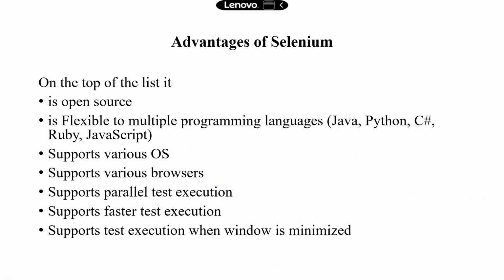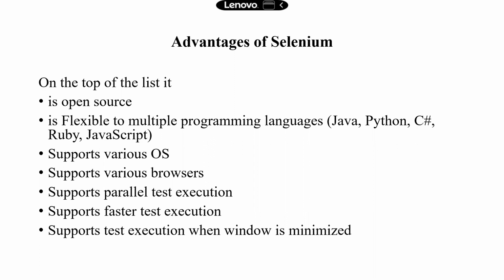Then again, there are some advantages of Selenium. It's open source, flexible to multiple programming languages. As I have already explained, it supports various operating systems, Windows, Linux, Mac, then various browsers, Firefox, Internet Explorer, Microsoft Edge, and Safari. Then it supports parallel test execution, like we can execute multiple tests in parallel. We don't have to wait for the first to finish before executing the next one.